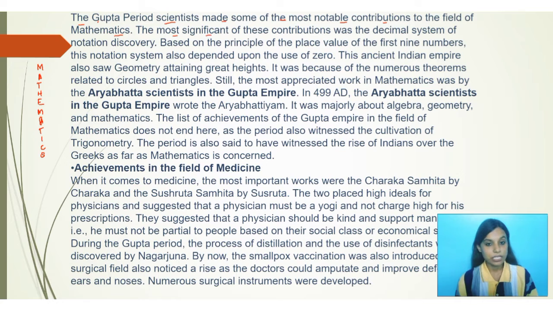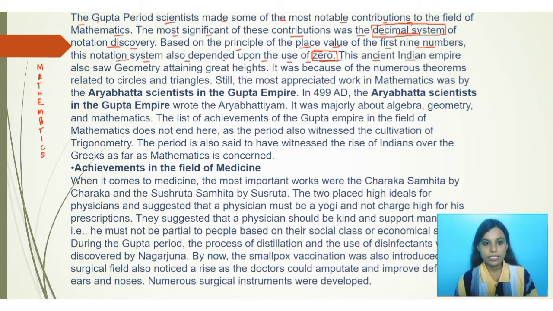The most significant of these contributions was the discovery of the decimal system of notation. So you can talk about the decimal system over here, which is quite important in mathematics. Based on the principle of the place value of the first nine numbers, this notation system also depended upon the use of zero. So you can talk about zero.